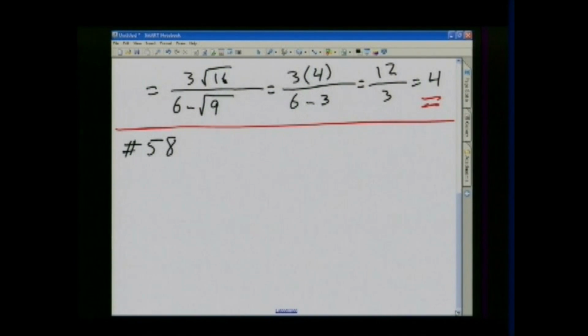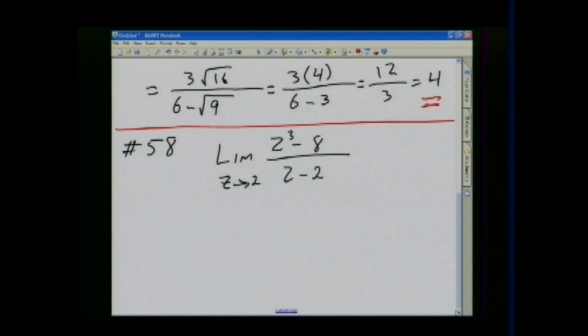It says find the limit of z to the third minus 8 divided by z minus 2 as z approaches 2.